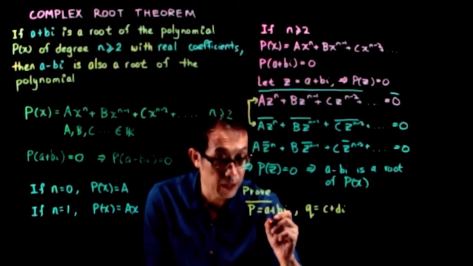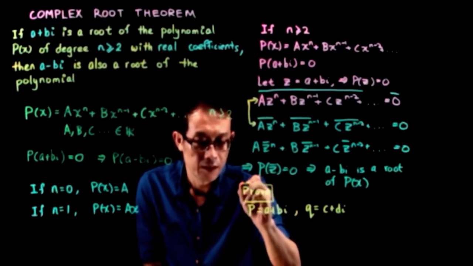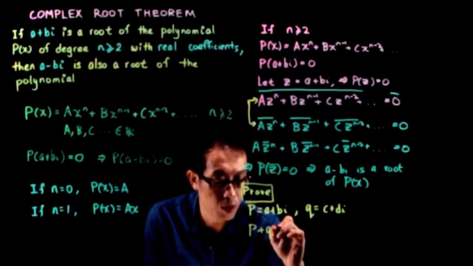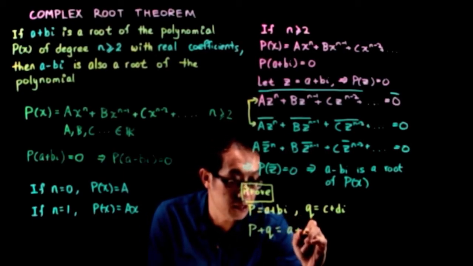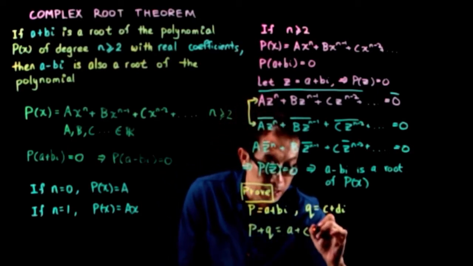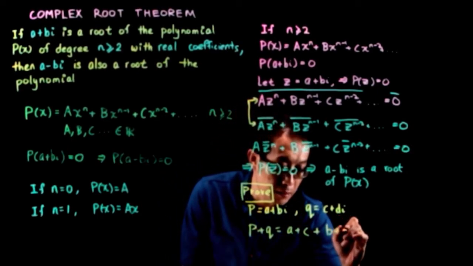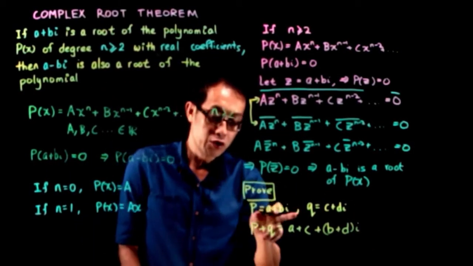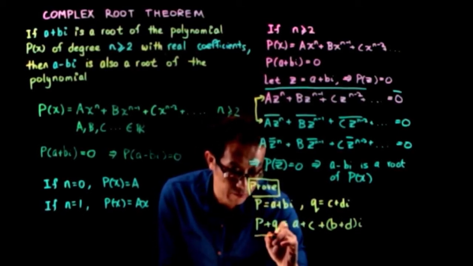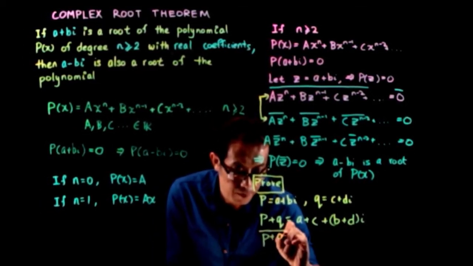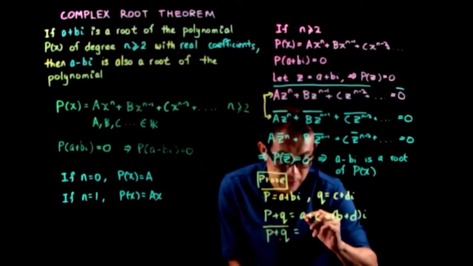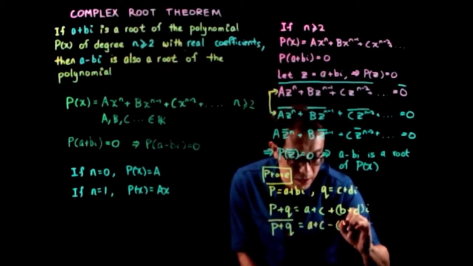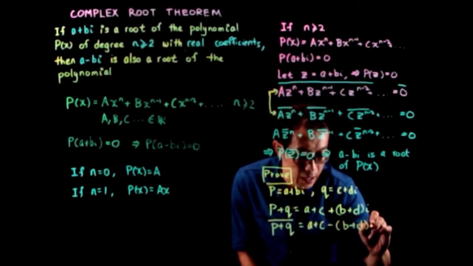So I add the two complex numbers up. p plus q will be equal to a plus c, the real part plus the real part, then the imaginary part plus the imaginary part. Now if I take the conjugate of both sides, the conjugate of this will be a plus c minus the quantity b plus d times i.